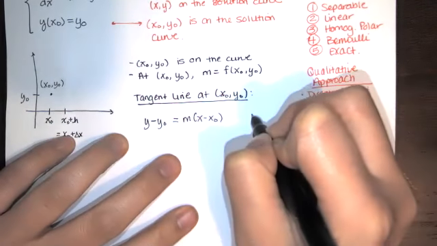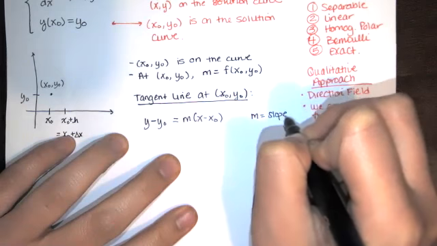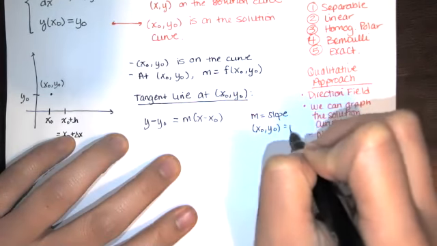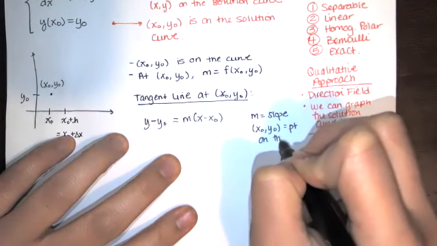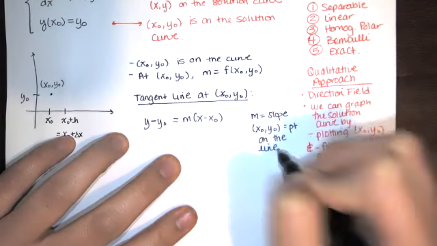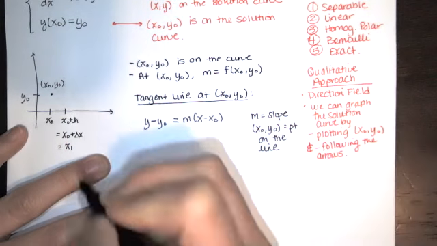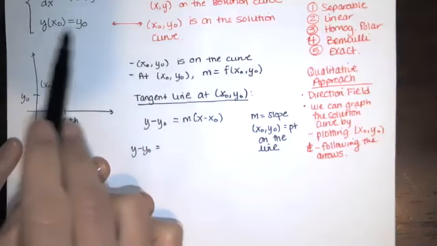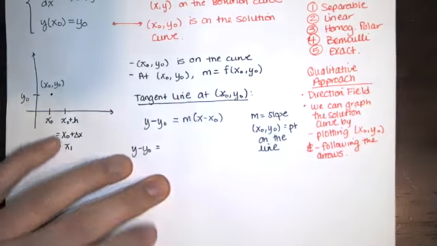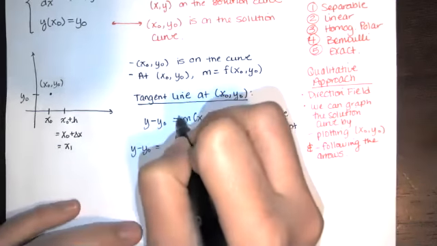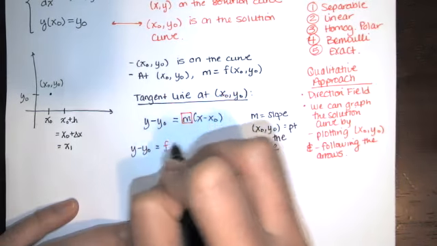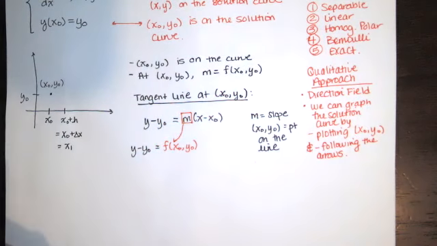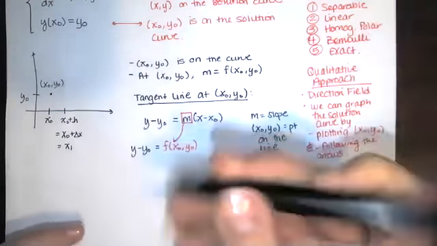And this is where m is the slope of the line, and x naught, y naught is a point on the line. It's just point slope form. But now here, x naught, y naught is given by that initial condition to the differential equation, and the slope is given by f of x naught, y naught. That's the right-hand side of that differential equation when we solve for the derivative.